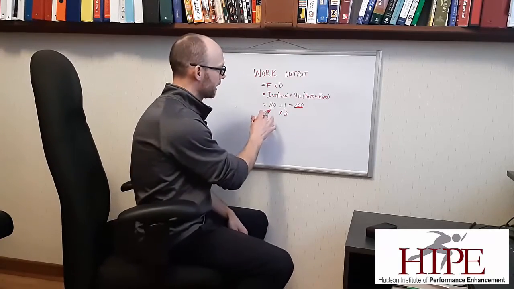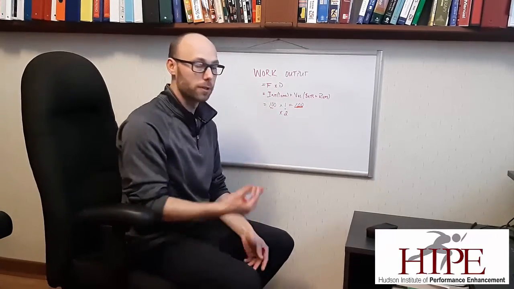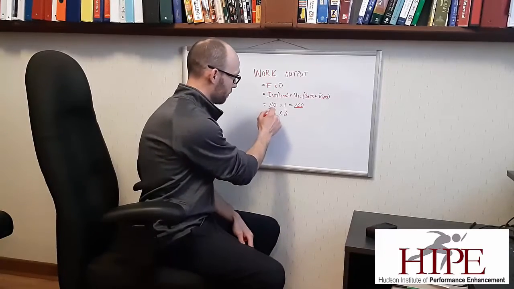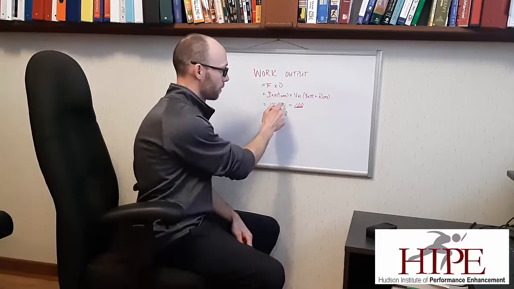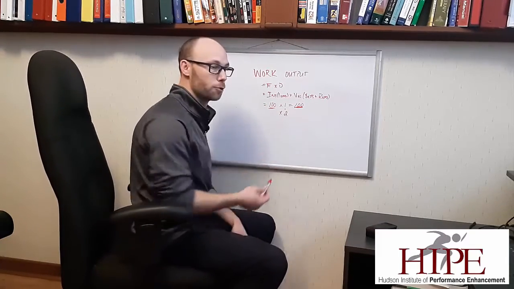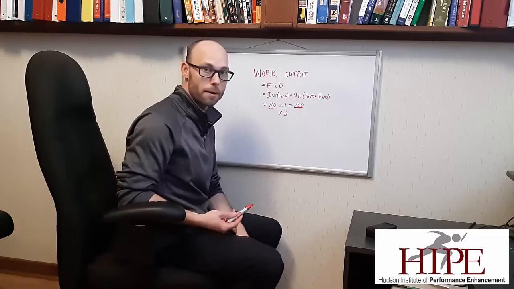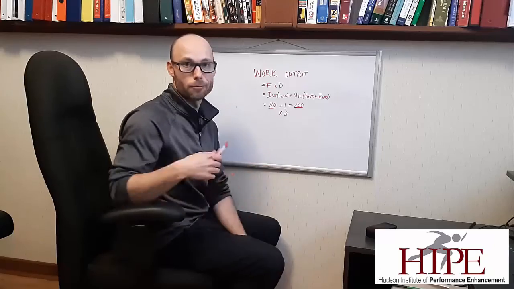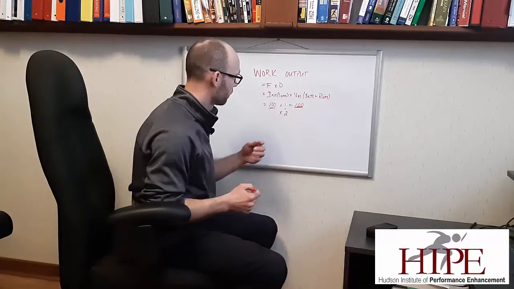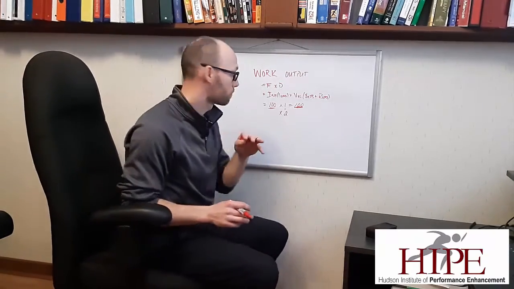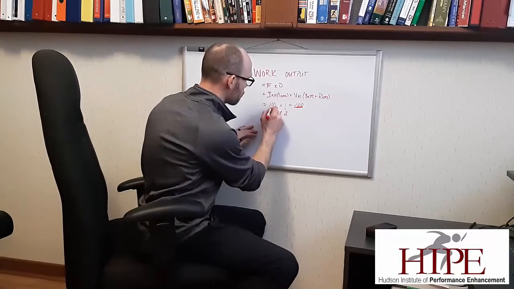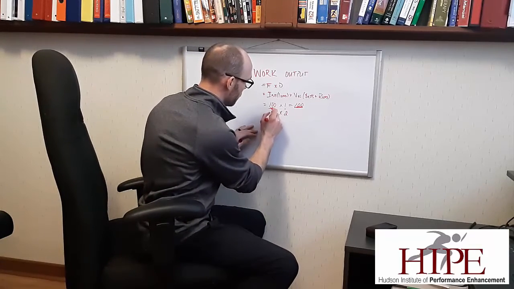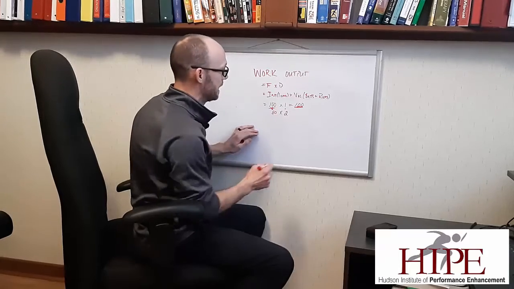But it's not likely that we can perform 2 reps in a row with the same weight. If this is our 1 RM, 100 pounds, and we can only perform 1 rep, we can't perform 2 reps with it because that's our 1 RM. So we have to reduce the load unless you perform 1 rep and then rest and then perform 1 rep. Okay? Now let's just say we perform 2 reps in a row. We're going to drop the load from 100 to 80.